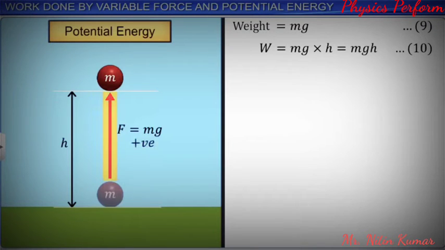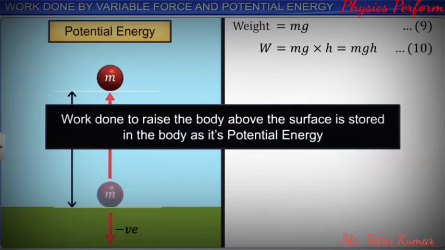Consider the upward direction to be positive. The work W done to raise the body through height h against the gravitational force of attraction by an external force is mgh. Let this be equation 10.